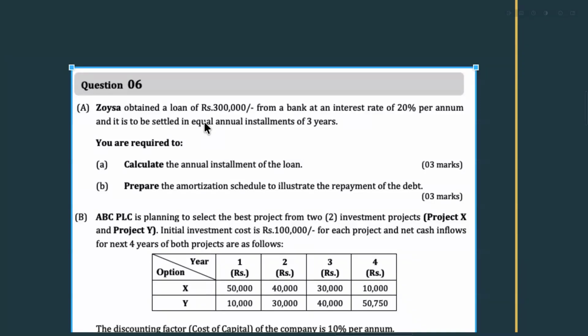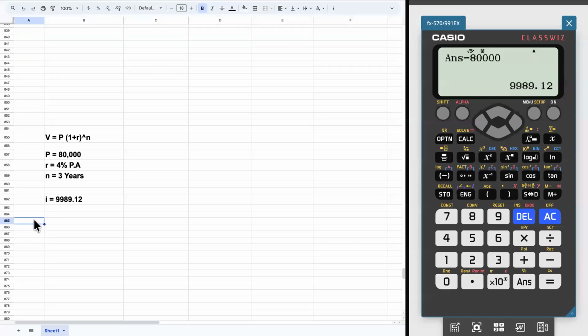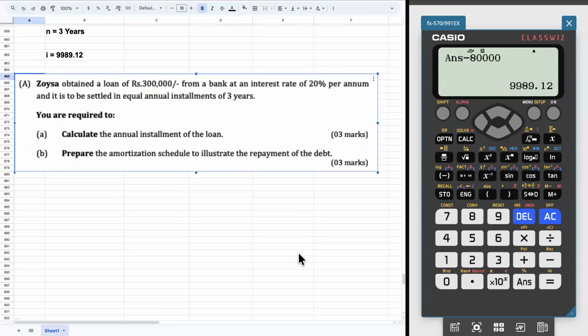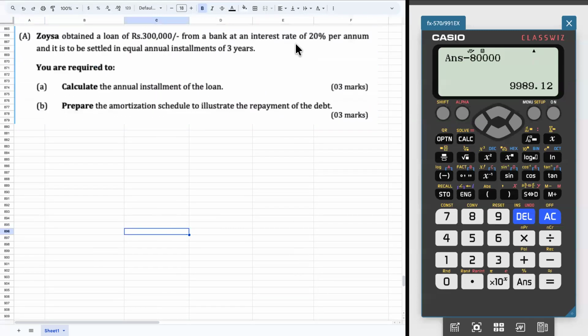So we are obtaining a 300,000 loan and we have to pay 20% every year as interest, and settle this in equal installments over 3 years. Normally, the installments will be equal. And I told you, my dears, in the previous sessions also, this installment amount will always include the interest amount and also your loan amount.